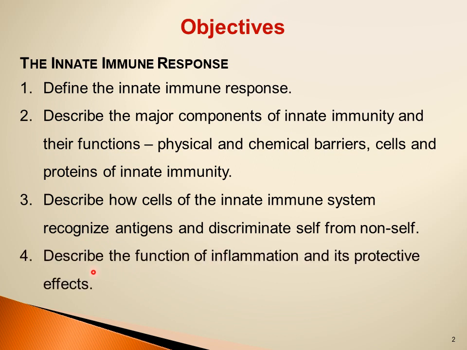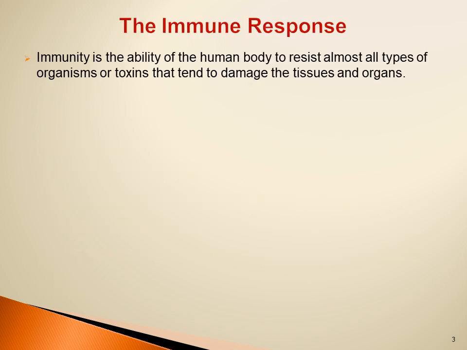And the last objective is to describe the function of inflammation, or the inflammatory response, and its protective effects in the body. As I have said in the previous session, immunity or immune response is the ability of the human body to resist almost all types of organisms or toxins that tend to damage the tissues and organs.